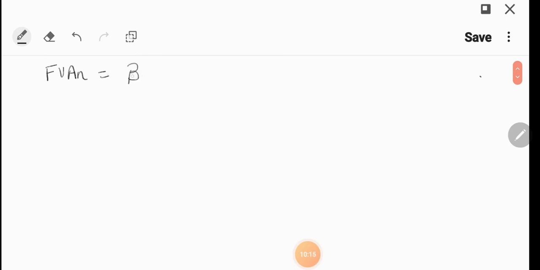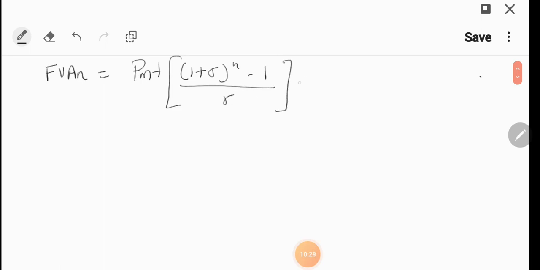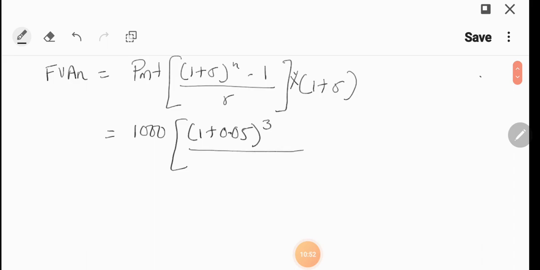So PMT, 1 plus R. So this is our formula. I'll put the multiplication sign over here as well. The PMT over here was 1000. The interest rate was 5%. And you had 3 PMTs, right? So your N was 3, 0.05.